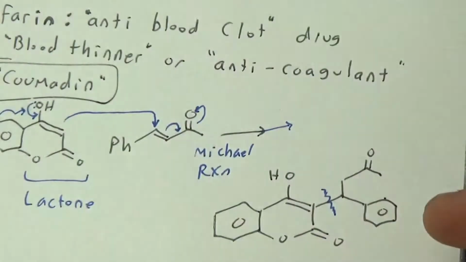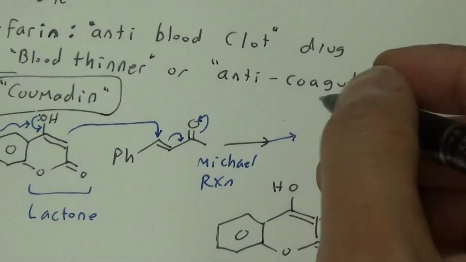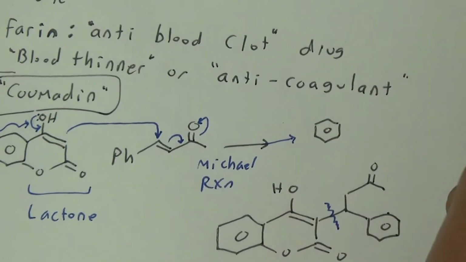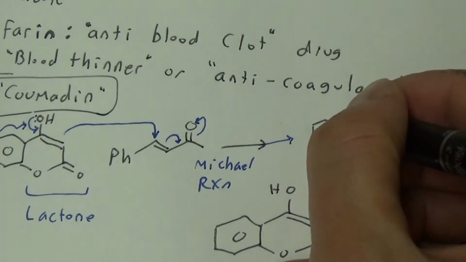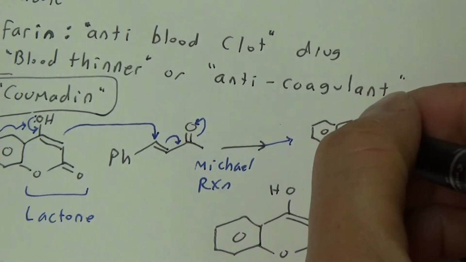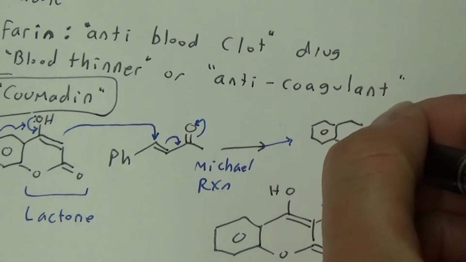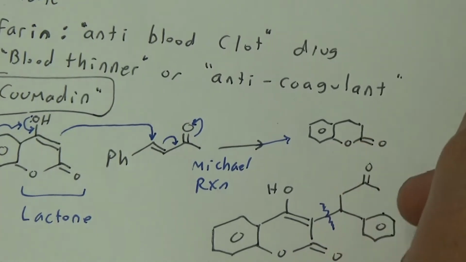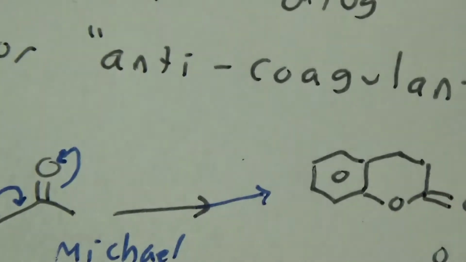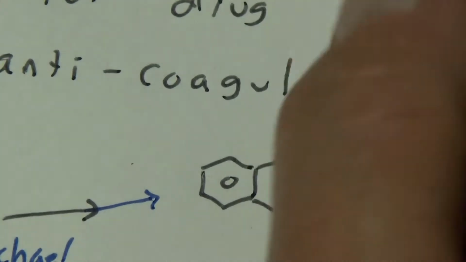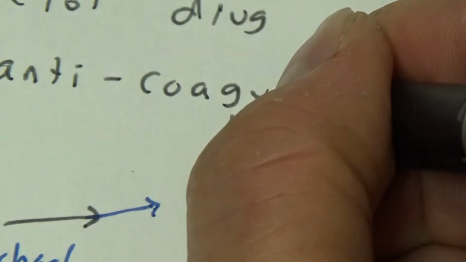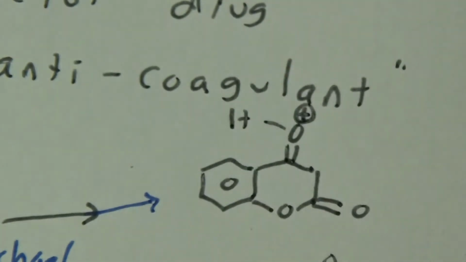After all of this happens, we have our benzene, our six-member ring, the oxygen at the bottom, ketone, ester, a ketone with a proton on it, and a charge.